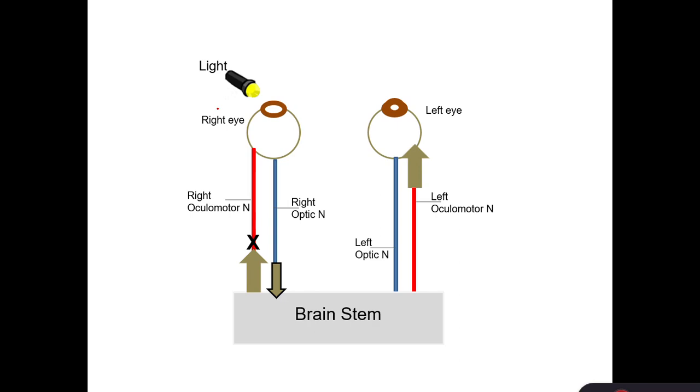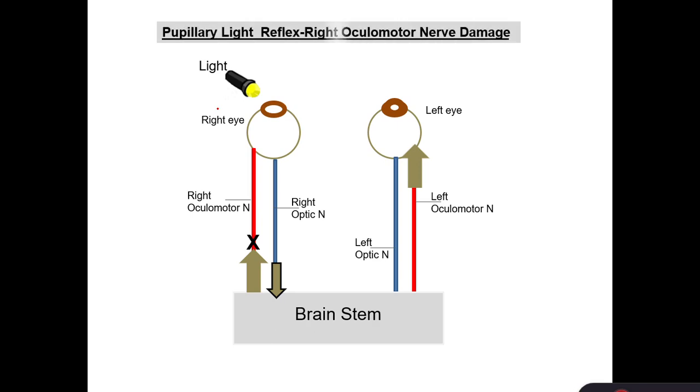It's not able to take the signal from the brain stem to the pupil of the right eye. So here, this is right oculomotor nerve damage. Remember always that the eye that does not constrict has its own oculomotor nerve damage.